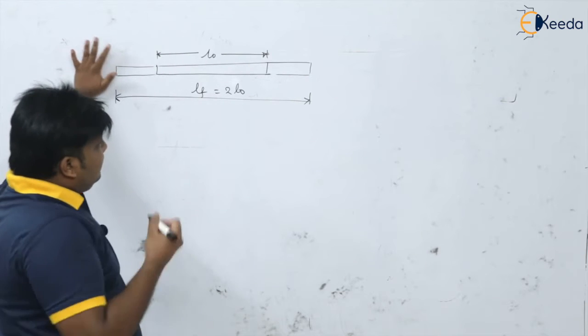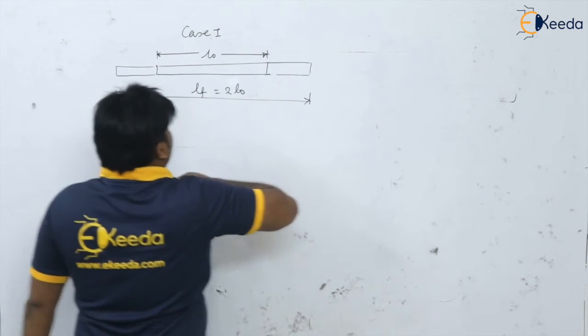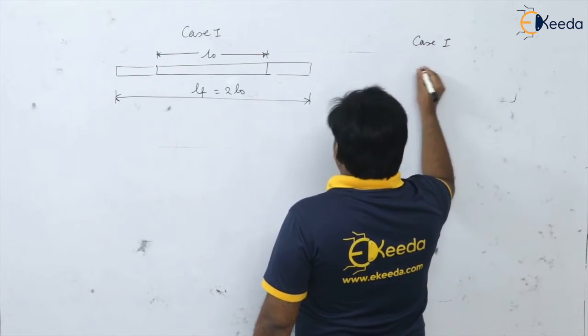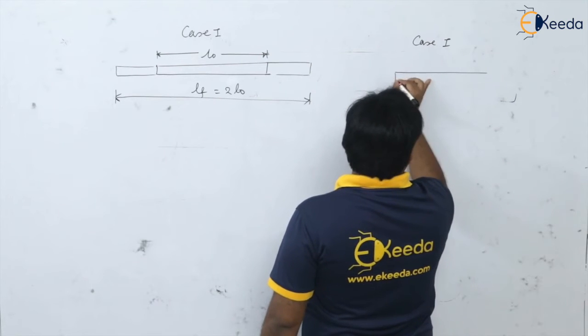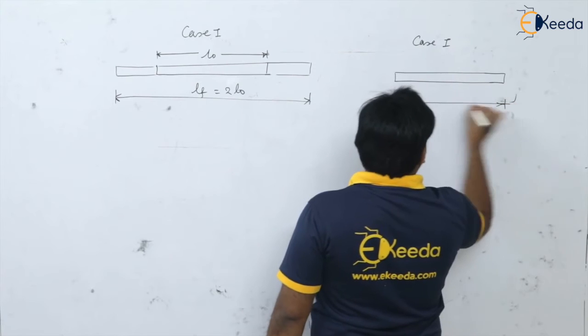This is case number 1, and in case number 2, the same rod or same specimen I am going to compress to half of its original length.